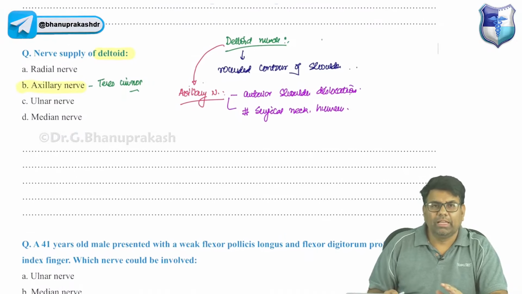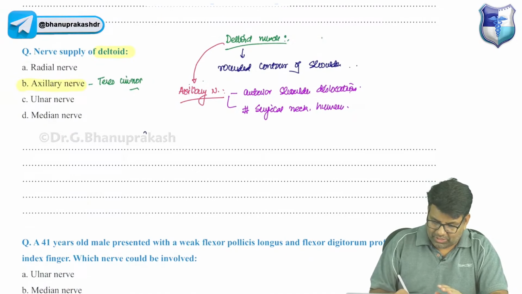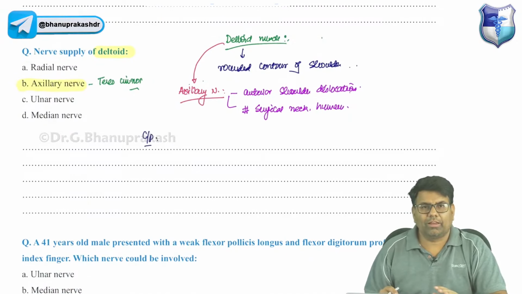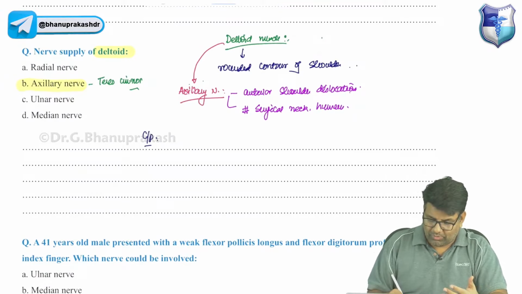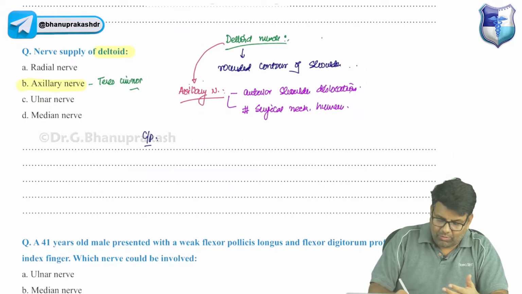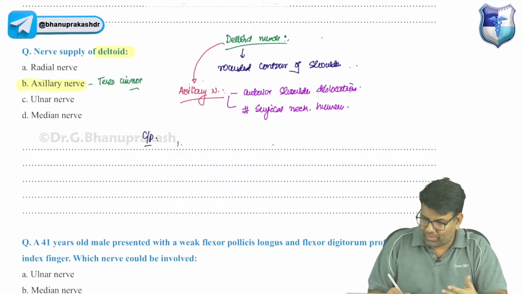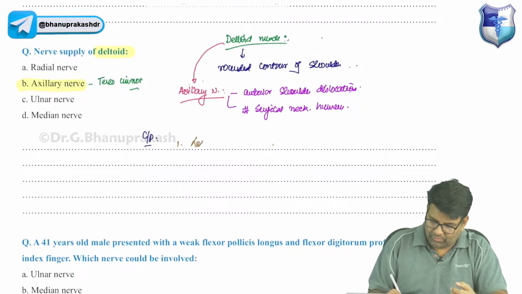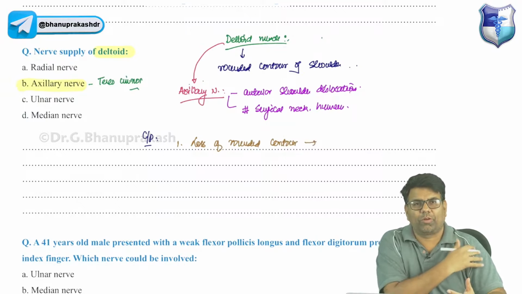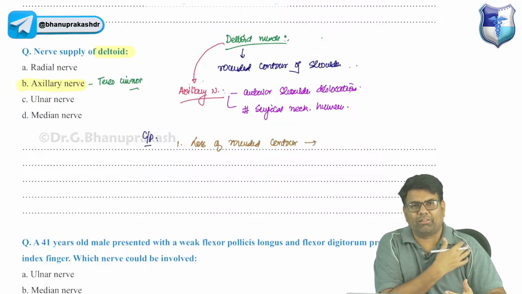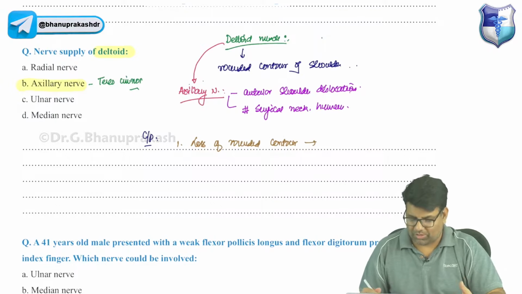Now coming to the clinical presentation of axillary nerve injury. As we know that it supplies the deltoid, the very first thing would be loss of, very good, there will be loss of the rounded contour, and we will see the bony prominences. We can see the lateral end of the clavicle and acromion process.